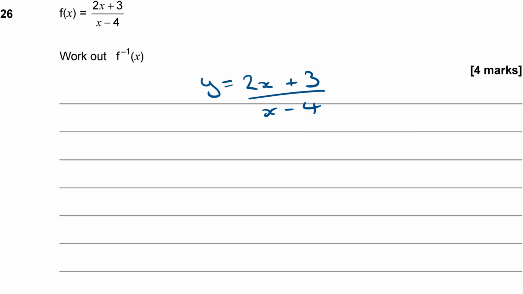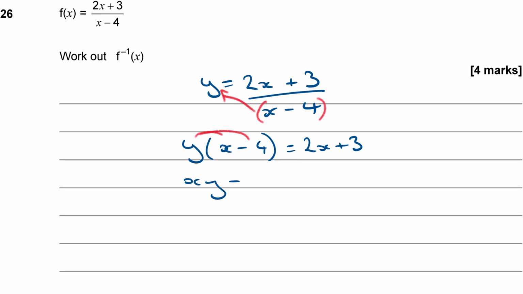So let's start off by cross multiplying this denominator over to the other side. So I get y times x minus 4 is equal to 2x plus 3. Removing the brackets, I'm going to get xy minus 4y is equal to 2x plus 3.